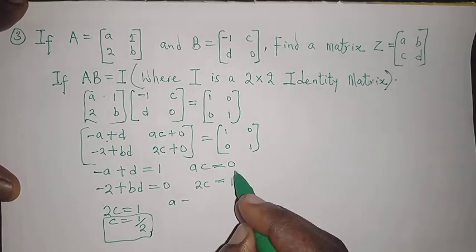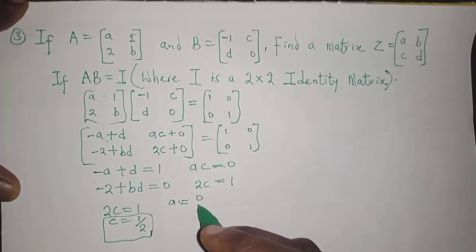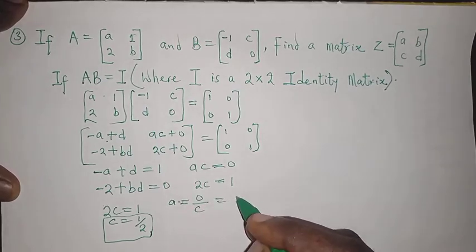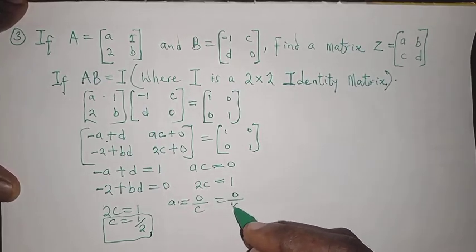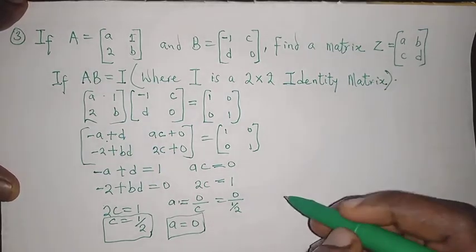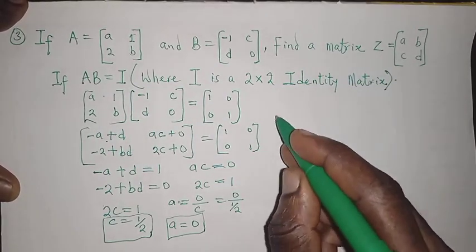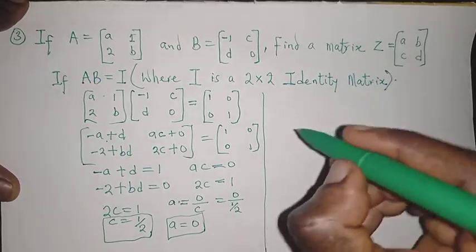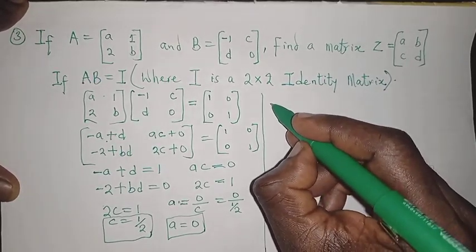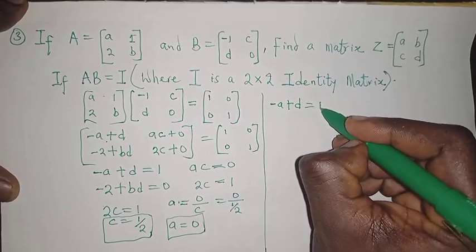A times C equals 0, meaning that when I divide 0 by C, it's going to give me A. So that means A is equal to 0, because 0 divided by anything is 0. So A equals 0. Now that I have my value for A, I can quickly get my value for D. So remember, minus A plus D equals 1.